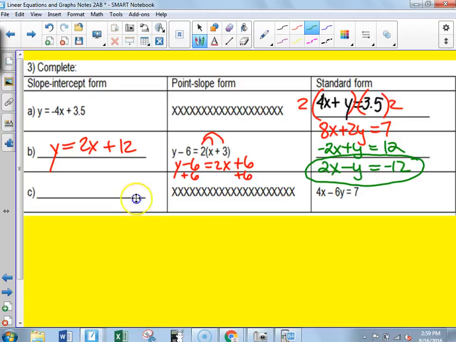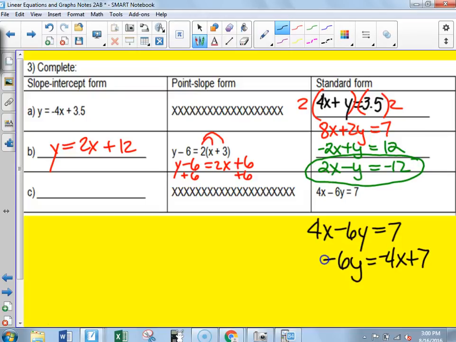All right, one more. Can you make standard form into slope-intercept? This is what you've probably had a lot of practice at, because when they give you this form and tell you to graph it, it's a pain in the neck, right? So we usually rearrange. I'm going to subtract the 4x and then divide everything by -6. What's that going to come out? y equals 2/3 x minus 7/6.